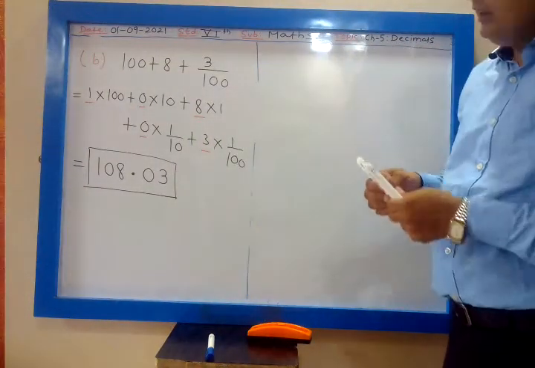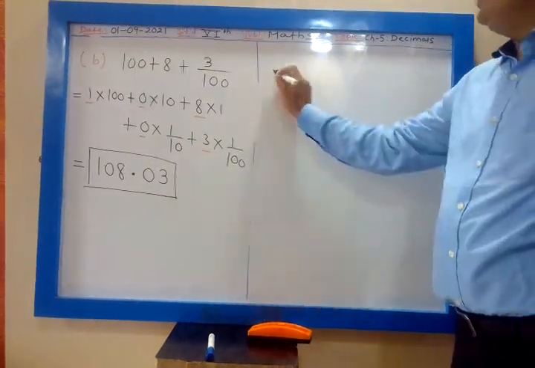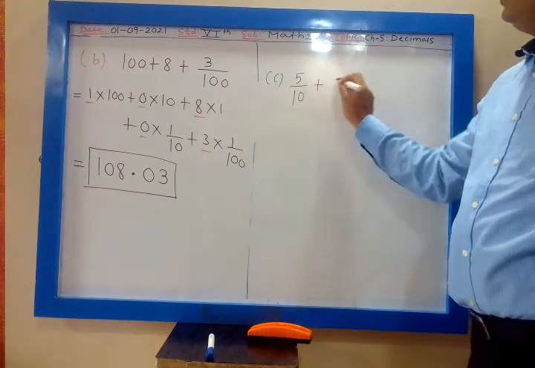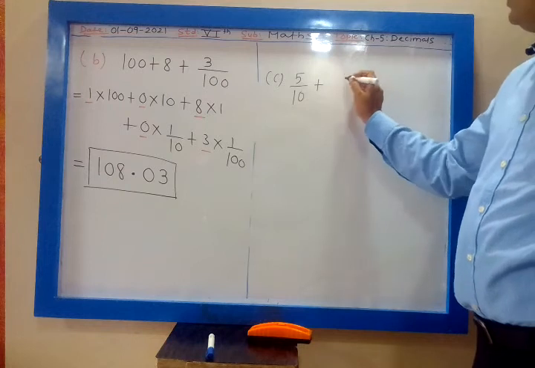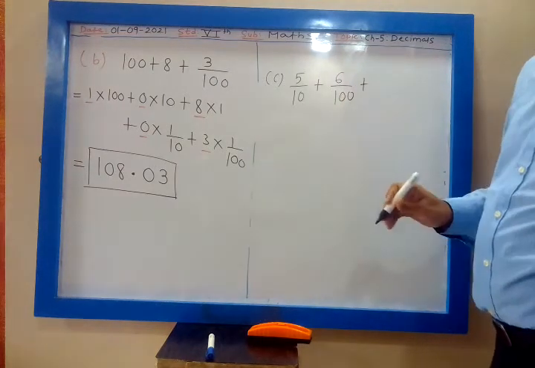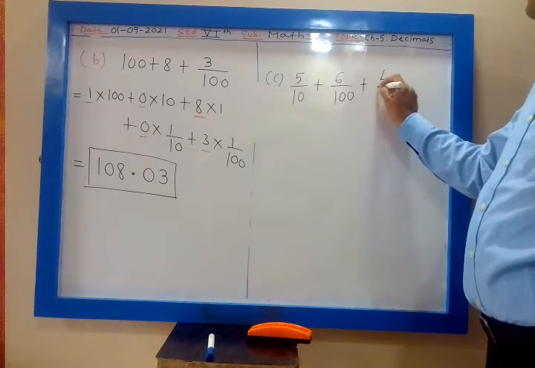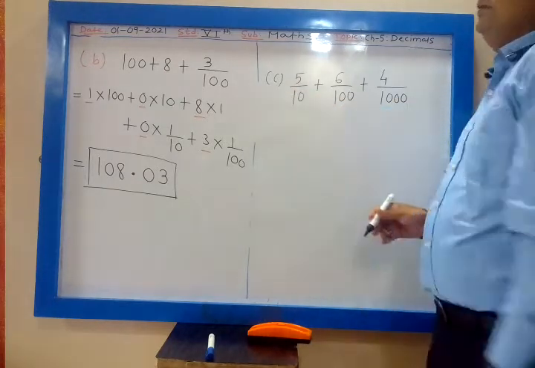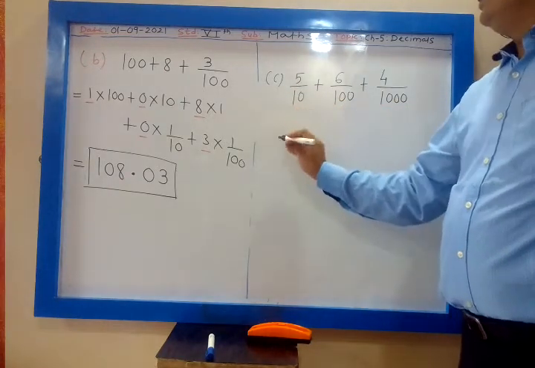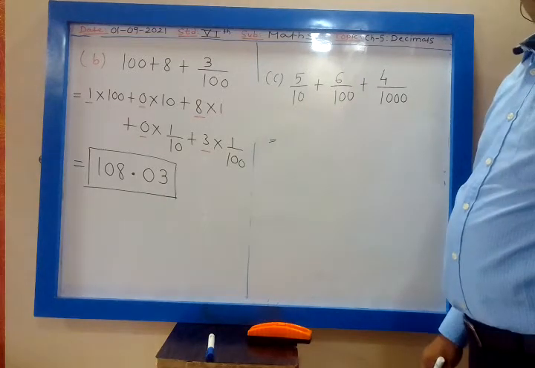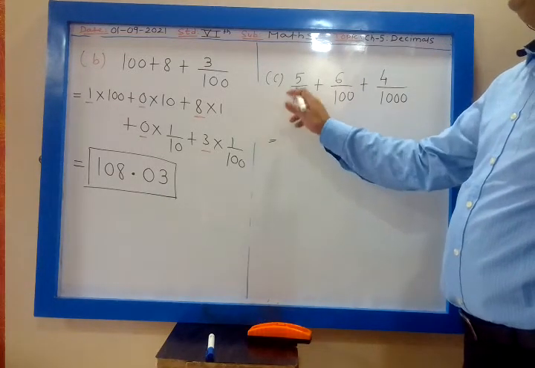Okay, next is C: 5 upon 10 plus 6 upon 100 plus 4 upon 1000. Now this is the tenths position. Before tenths we have ones, but that ones is not there.